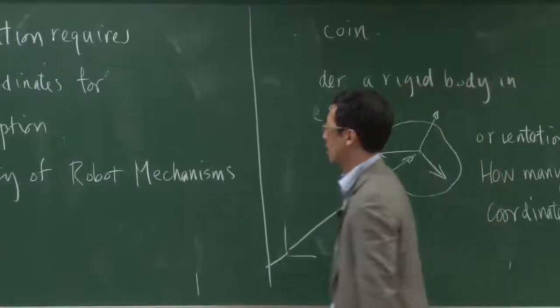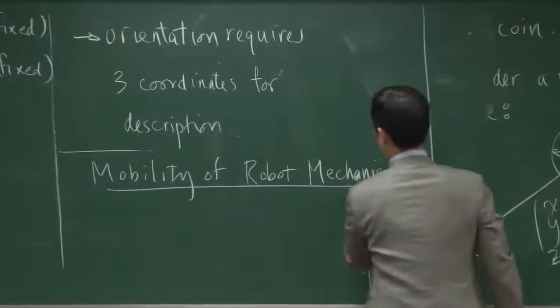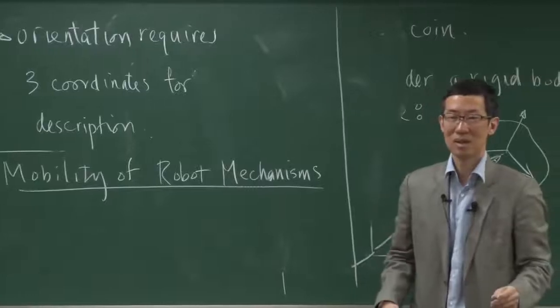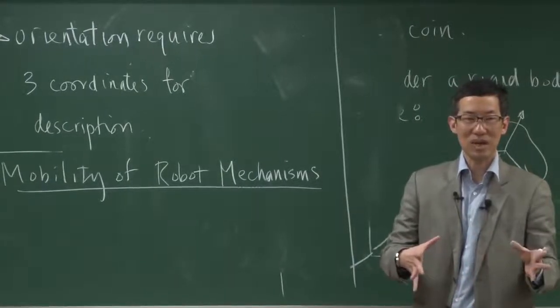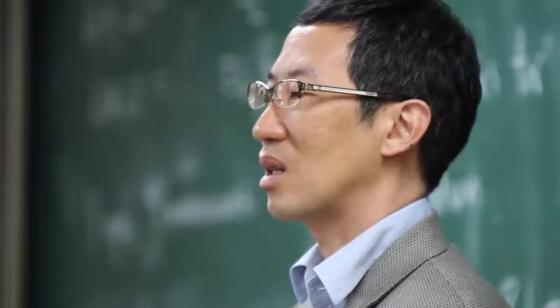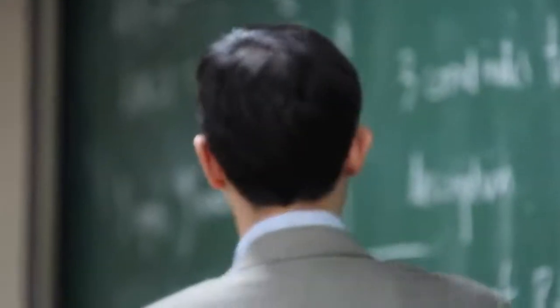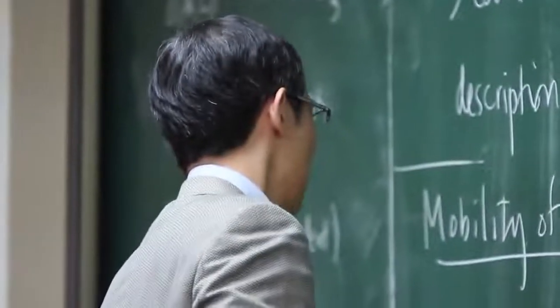We know what links are. Links are rigid bodies. What kind of joints do we find in a robot? Let's talk about that first.